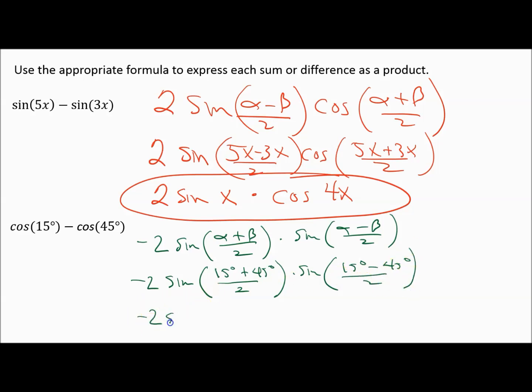So that's negative 2 sine of 15 plus 45, which is 60, divided by 2 is 30 degrees, times sine of 15 minus 45, which is negative 30 over 2. We can do that without writing it down. Negative 30 divided by 2 is negative 15 degrees.